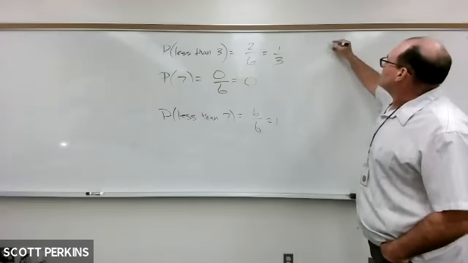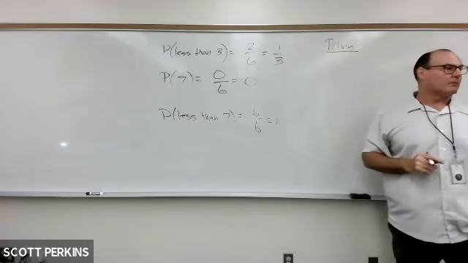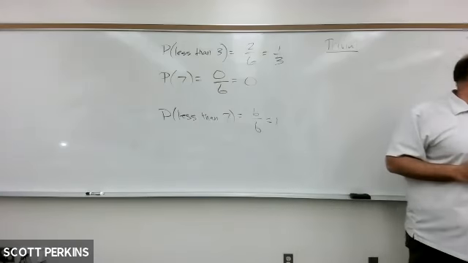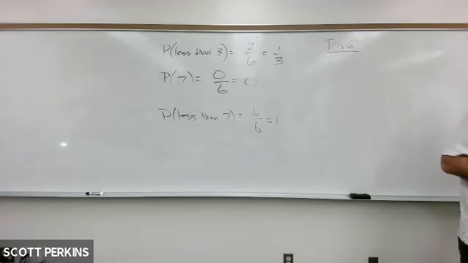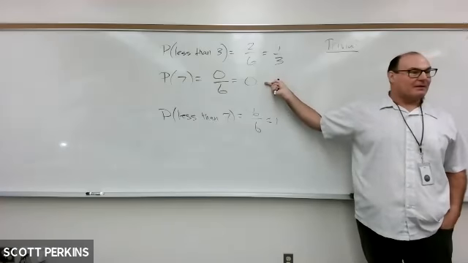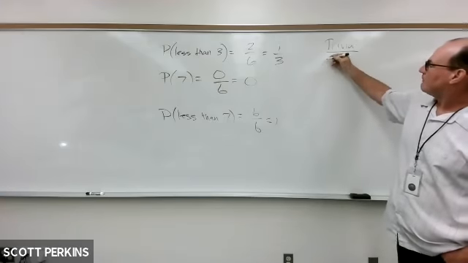This is probability trivia. Stuff to know. There are 4 bits of probability trivia. The first bit: the probability of something that's impossible is 0. If something cannot happen, its probability is 0.